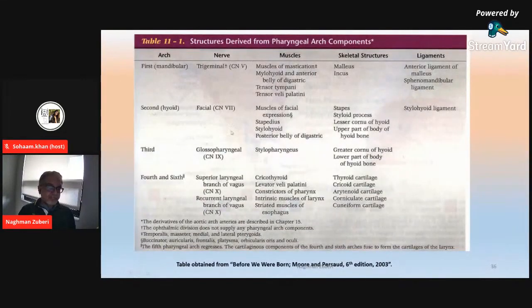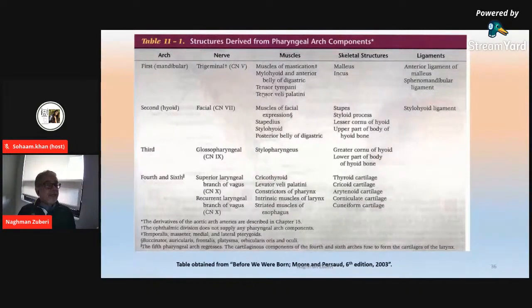Here again, just for the revision, this table: first mandibular arch, the nerve is cranial nerve 5 or trigeminal nerve. Muscles: it gives muscles of mastication, mylohyoid, and anterior belly of digastric, only anterior belly of digastric. Tensor tympani and tensor veli palatini.